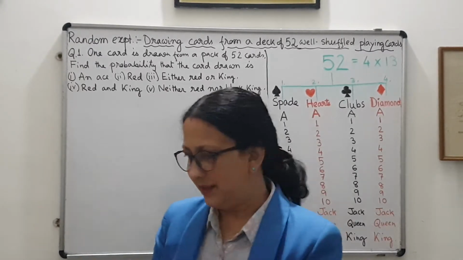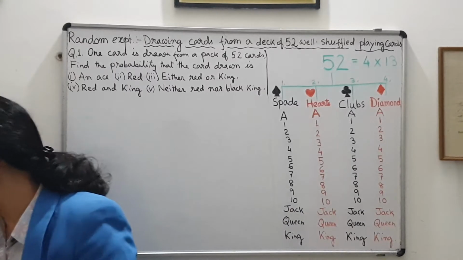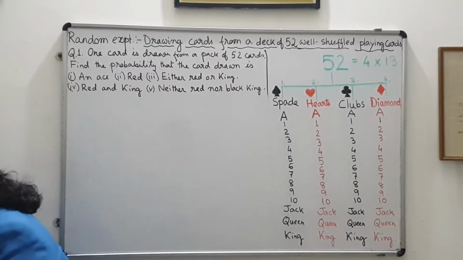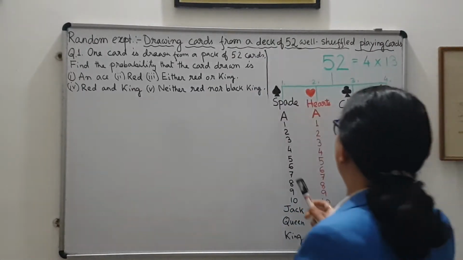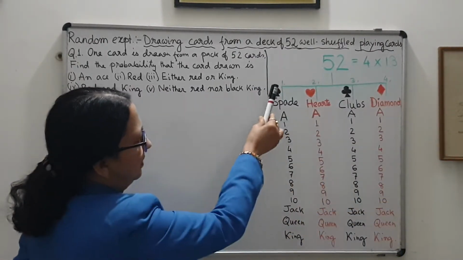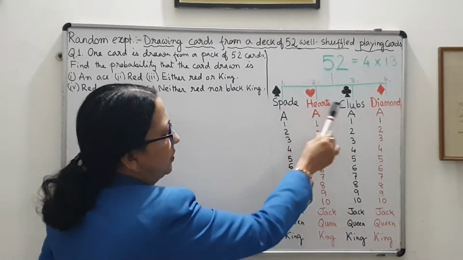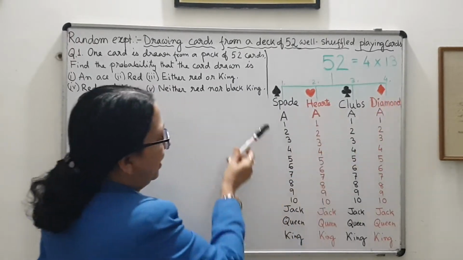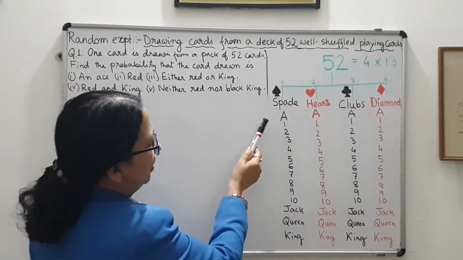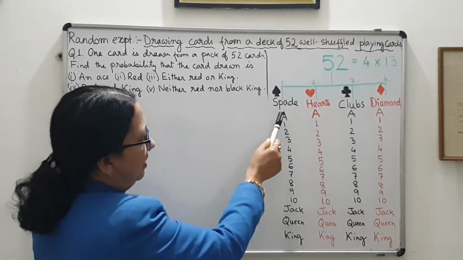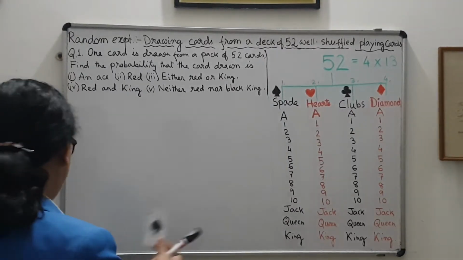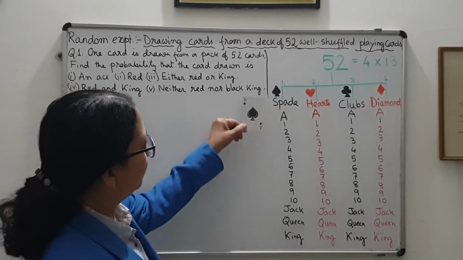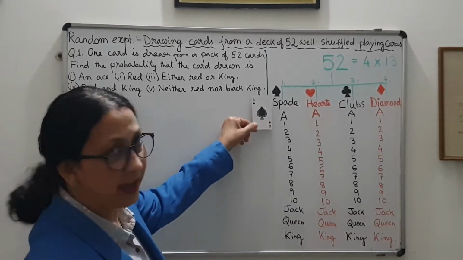Let me now explain how the cards are distributed. Each of the types, there are four suites. Two suites are black and two suites are red. So in each suite you see there is an A. This is your A, and this A is known as ace.